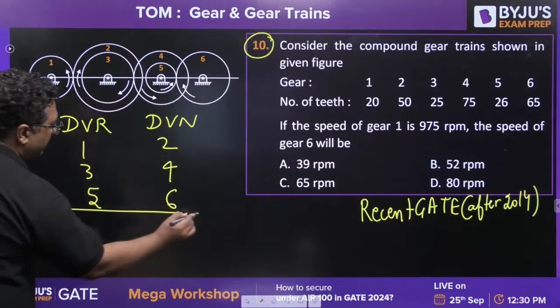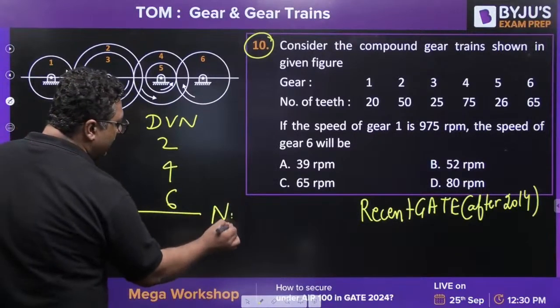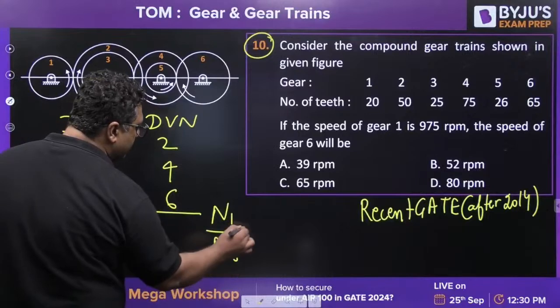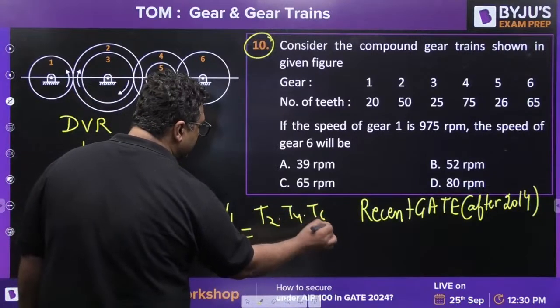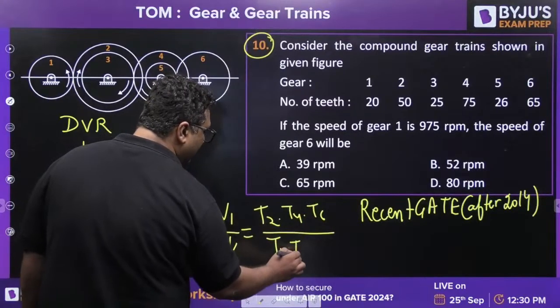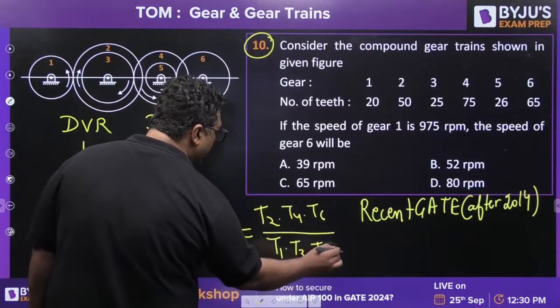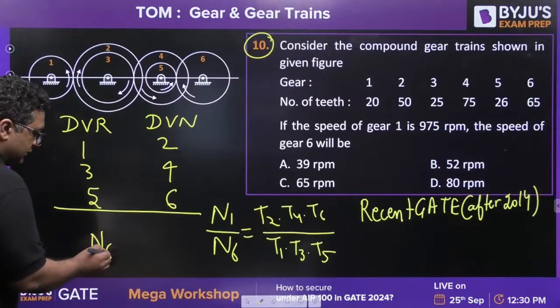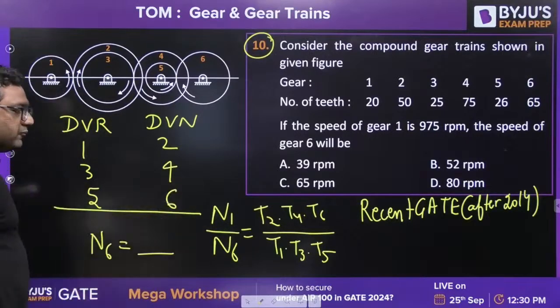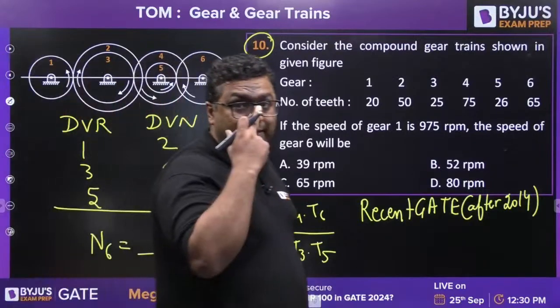So you can write N1 by N6 equals T2, T4, T6 over T1, T3, T5, and you will be getting the value of N6. Solve it and get the answer.